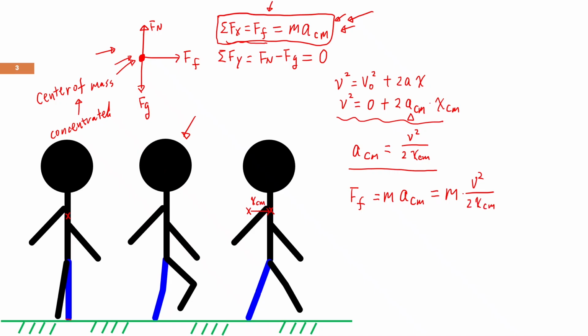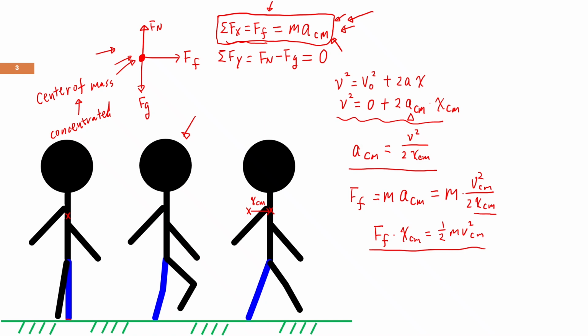If we move the center of mass displacement onto the left, we get friction force times the center of mass displacement equals half mv squared. Because everything is center of mass, this velocity should also be center of mass velocity. So this is what we get.